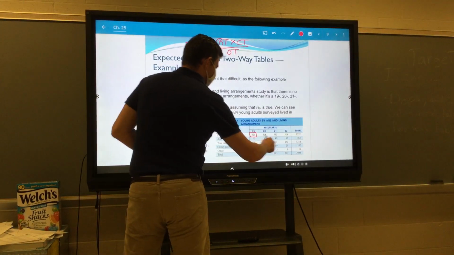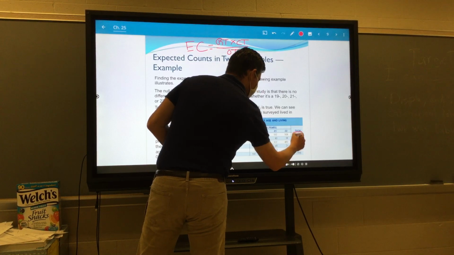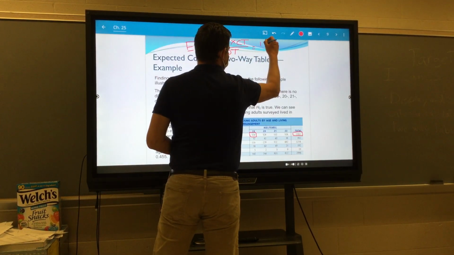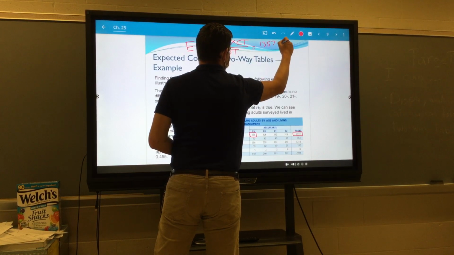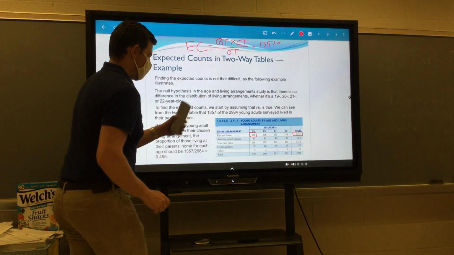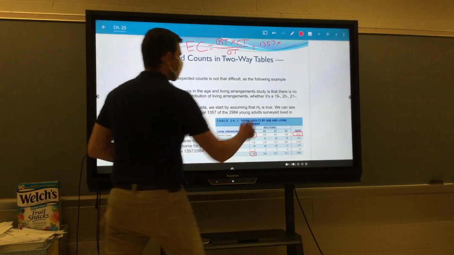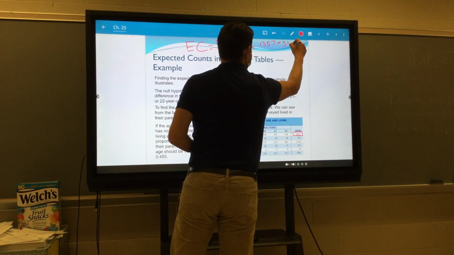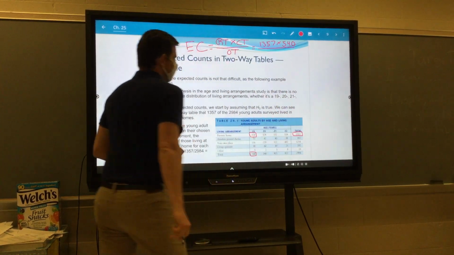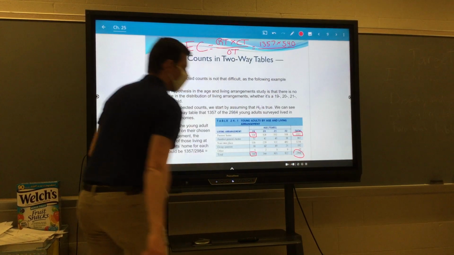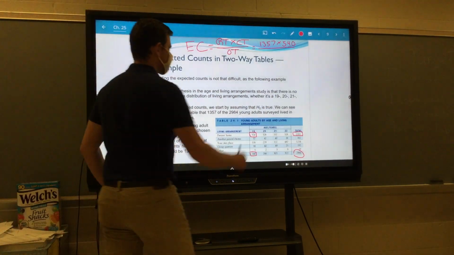So for this row, its row total is 1357 times the column total, which is 540, divided by the overall total of 2,984.